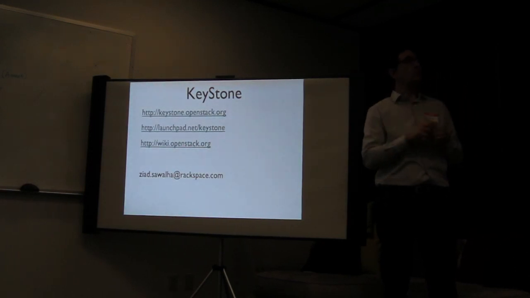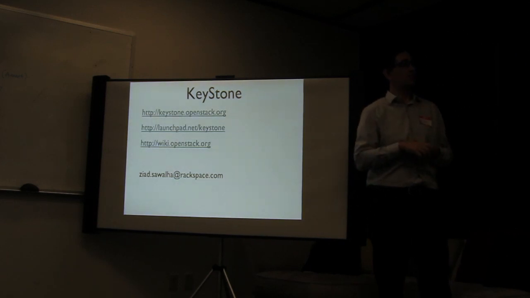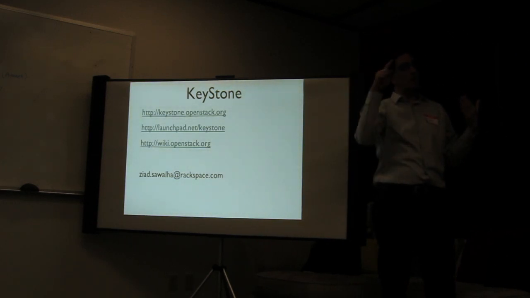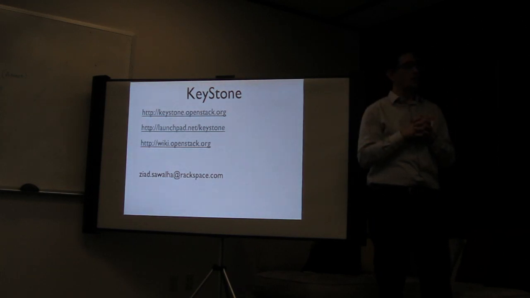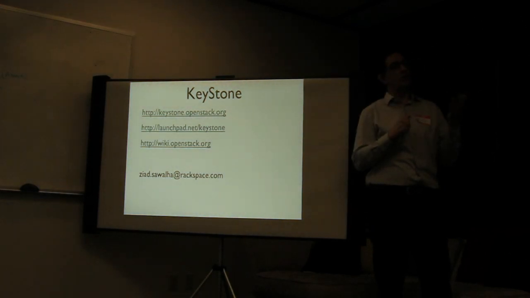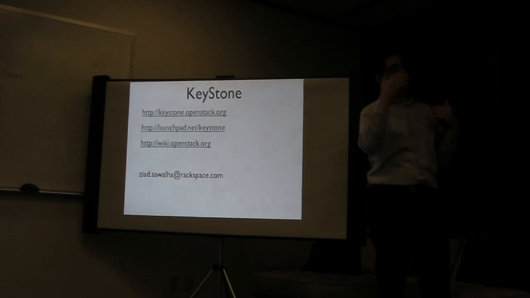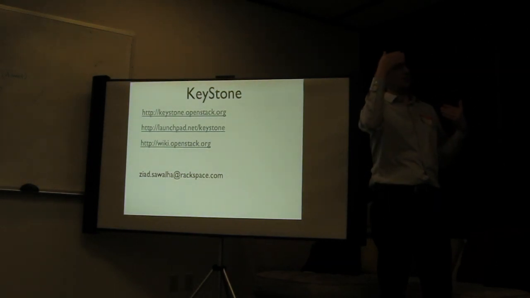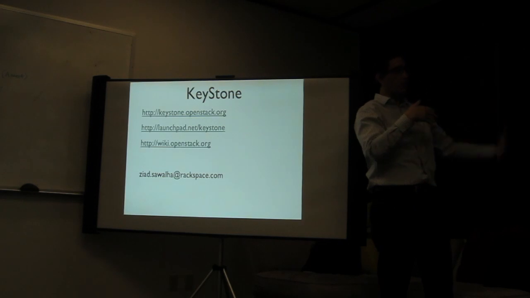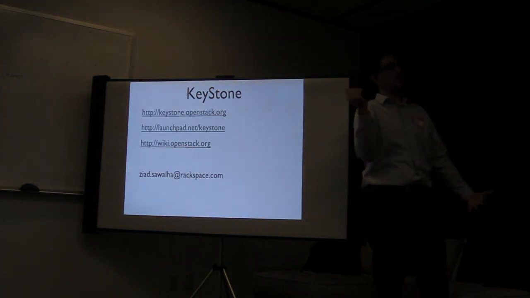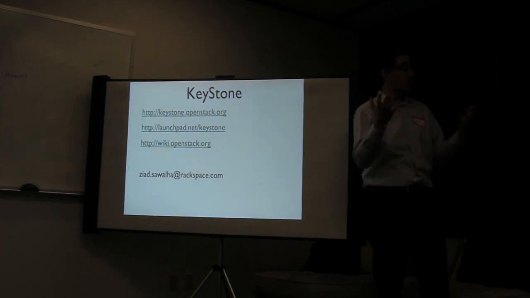So if you define a group as just a grouping of users, you can create just a flat list of groups and add users to that. That might be one way to do that. Then the question is, what does a group do? What are you trying to achieve with a group? Do you want to be able to grant a group access to a number of tenants and then add and remove users in there? That might be a use case.